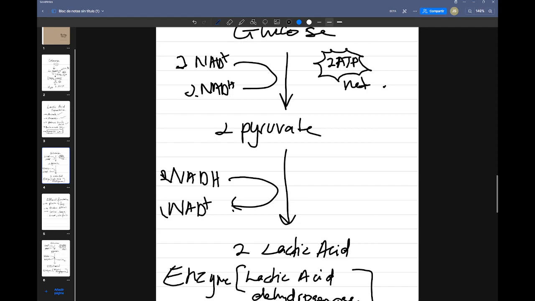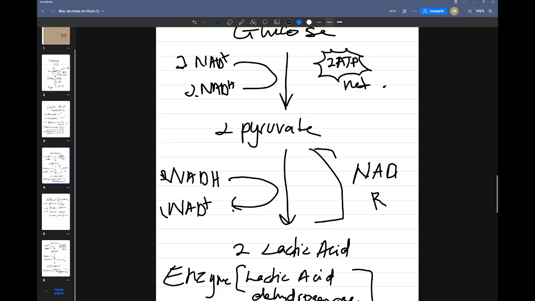So it's an entire cycle. As we regenerate the NAD here, right? This is NAD regeneration. As we regenerate it, it goes back to glycolysis and starts the process all over.